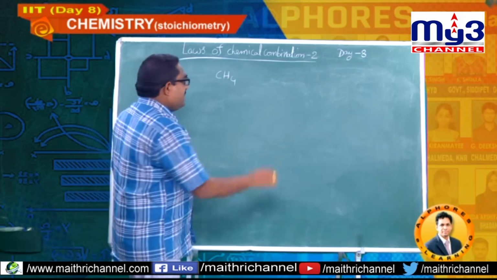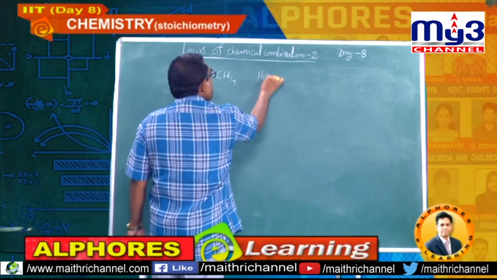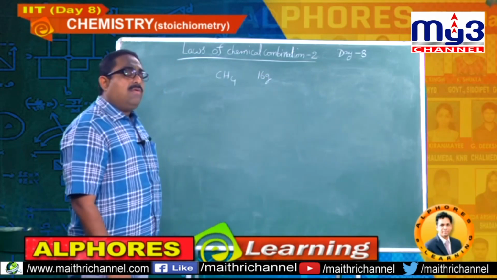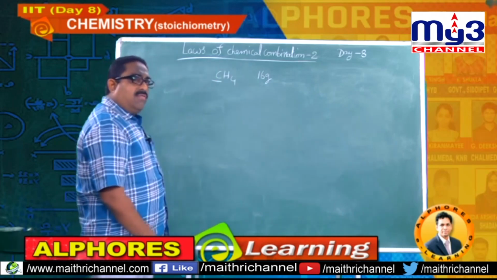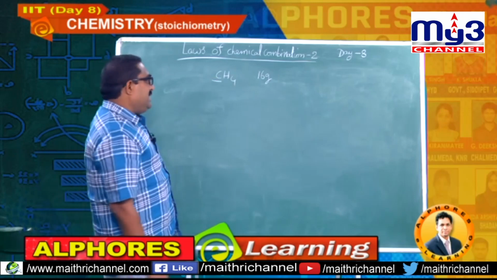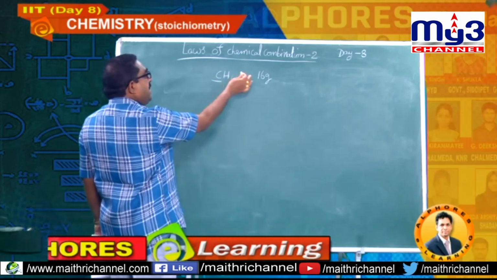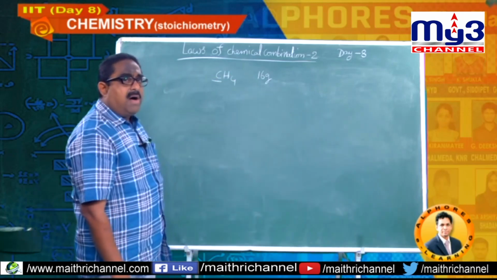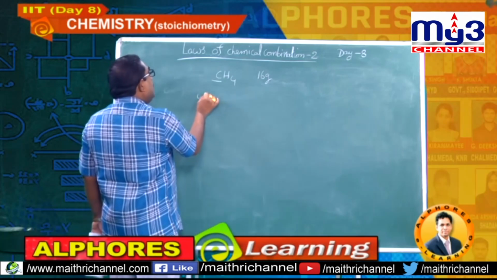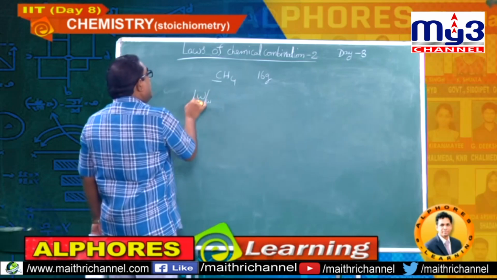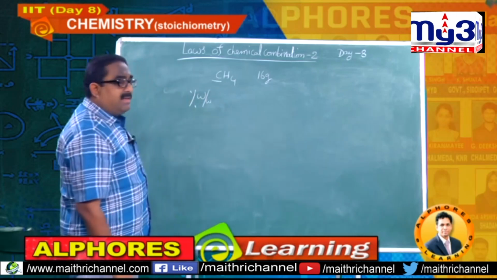The molar mass is 16 grams. How you get that molar mass? 12 for carbon atomic weight and 4 into 1 atomic weight of hydrogen, 16. So if anybody asks you to calculate the mass percentage of carbon in methane, you can also represent percent W by W like this.